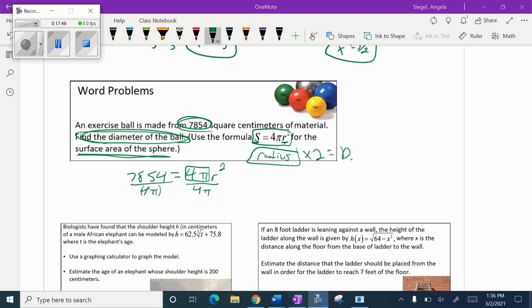If you did it correctly, you should get 625.001. And then we have this R squared. We need to get R by itself, so I'm going to take the square root of both sides. I end up getting right around 25. So it's 25 centimeters. I'm going to multiply times 2, and I get 50 centimeters for my diameter.